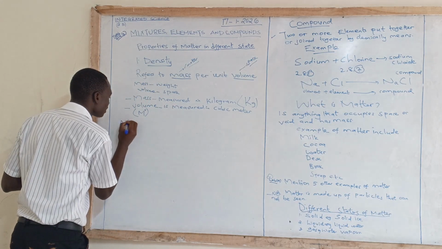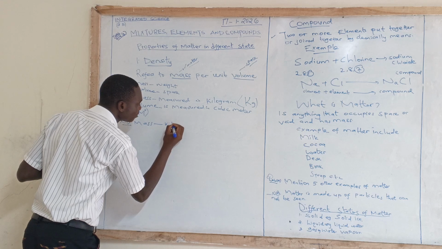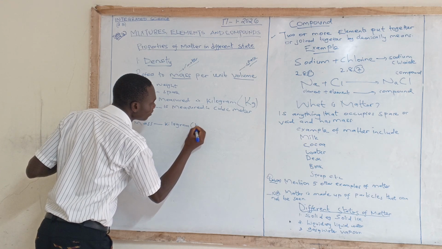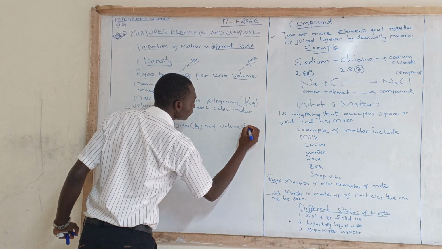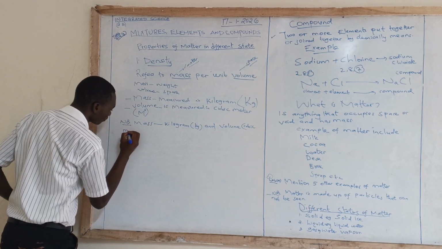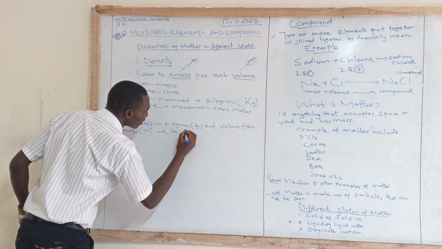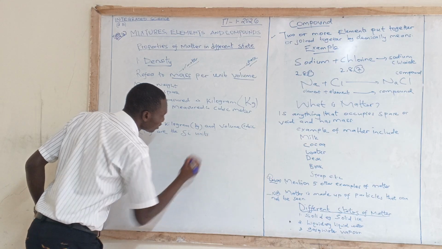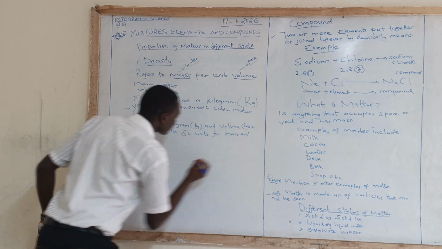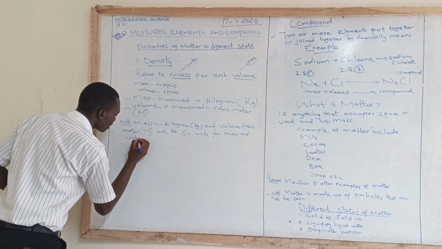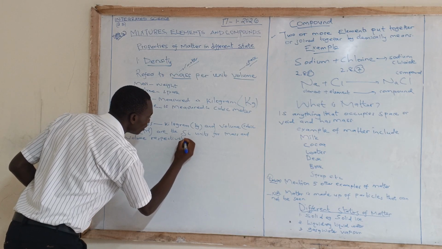So we have to note that mass measured in kilogram, that is kg, and volume measured in cubic meter, that is m cube, are the SI units for mass and volume respectively.